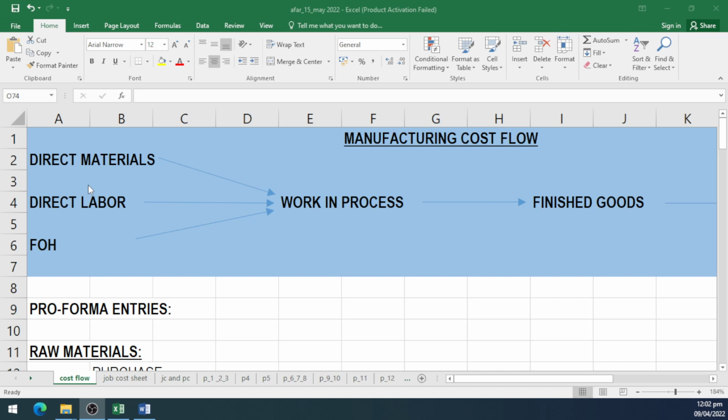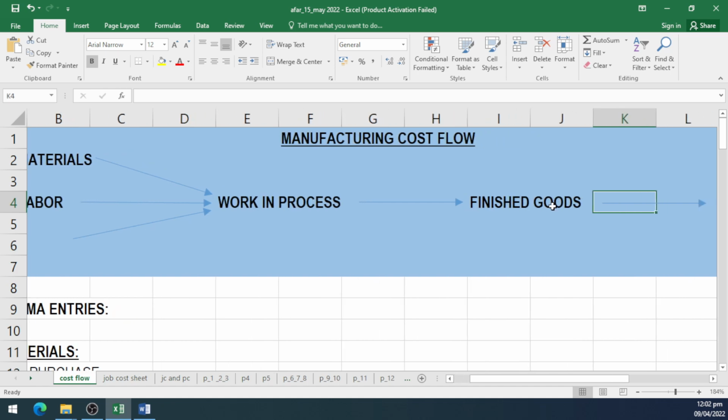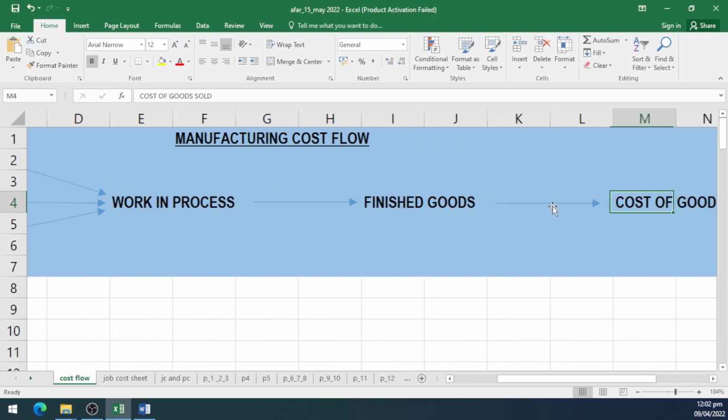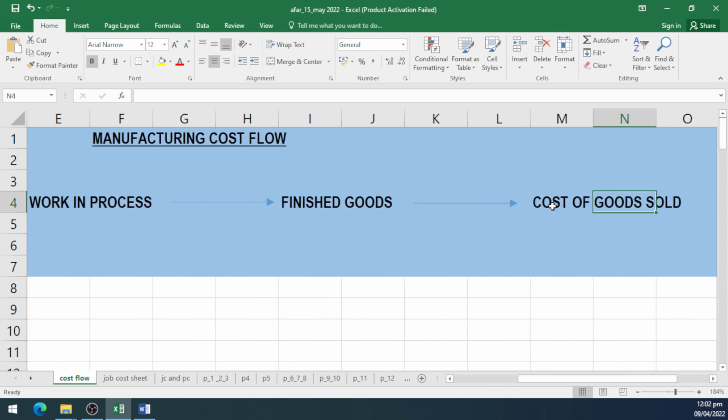And then pag natapos na yung production process, the work in process account will be transferred to finished goods. Yung pong cost of goods manufactured ay ililipat sa account na finished goods. And then, if the products are sold from finished goods, it will be debited to cost of goods sold.